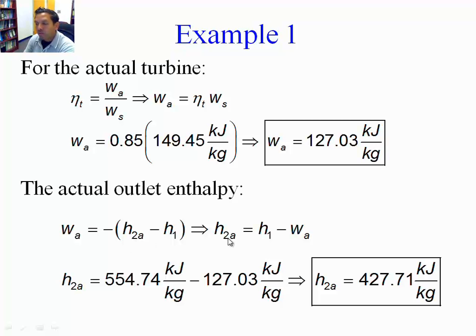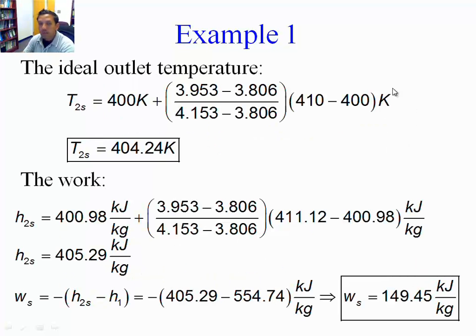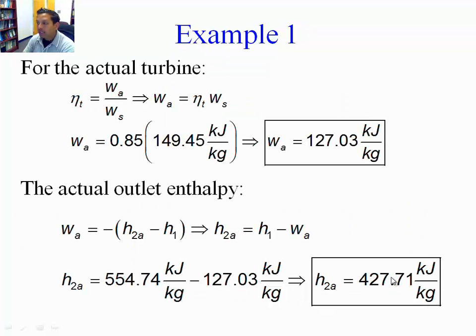So we can solve for H2A, the actual entropy at the outlet, as entropy at the inlet minus the actual work. So it's 554 minus 127, that leads to 427.71, as opposed to the value of 405. So ideally, the entropy at the outlet will be 405, but in reality, it's 427.